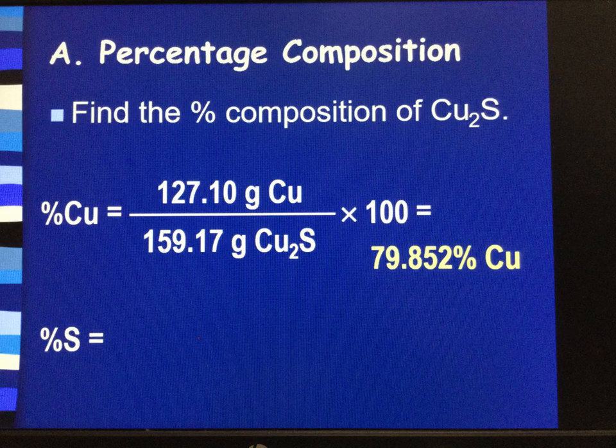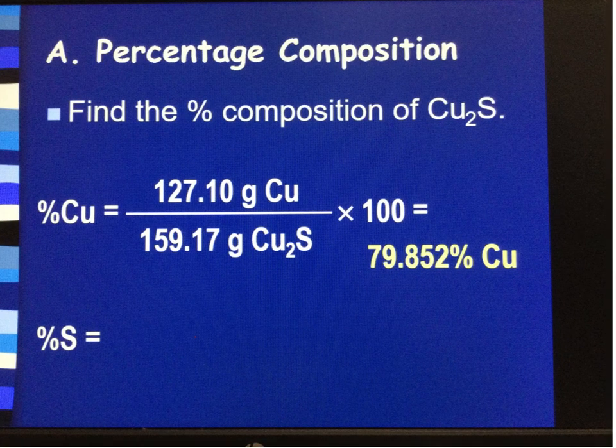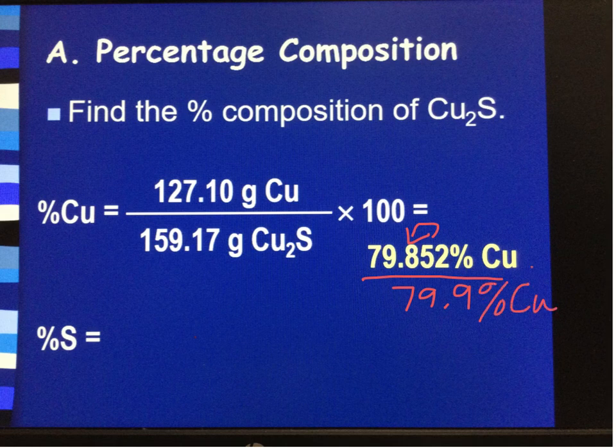Okay, so now you're going to do times 100, and that's going to equal 79.85% for copper. Now if I want, let's say, one significant figure after the decimal point, then it would be 79.9%, because the 5 would round up the 8. And this would be your total percent of copper.